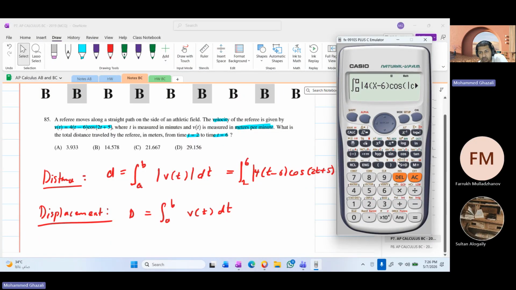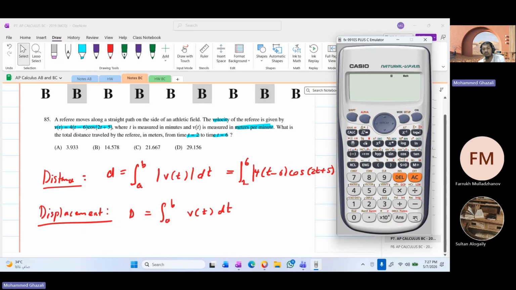Did you find the absolute value? Shift apps, it's here above the bracket. It says hyp, written in gray on your calculator. Mine is different, that's why. Okay, 2 to 6, and if I press equals, I'll get an answer.